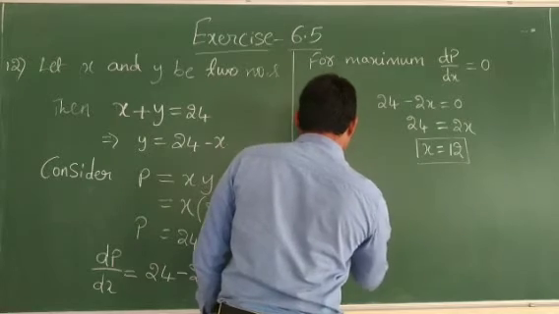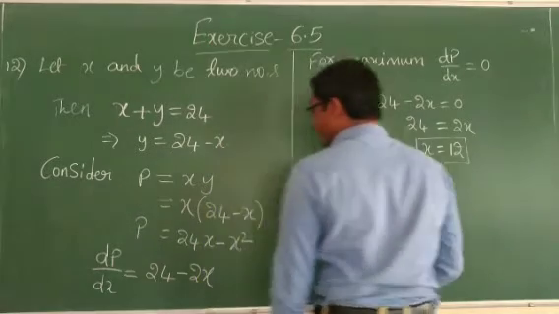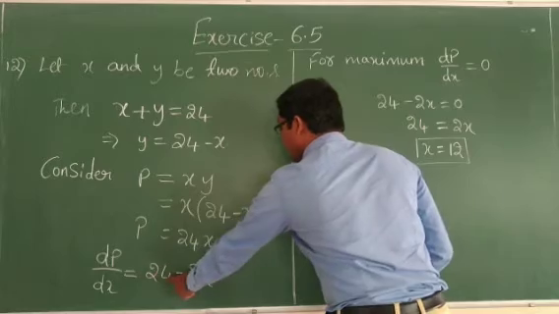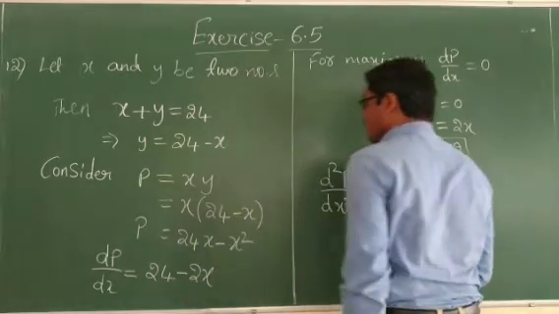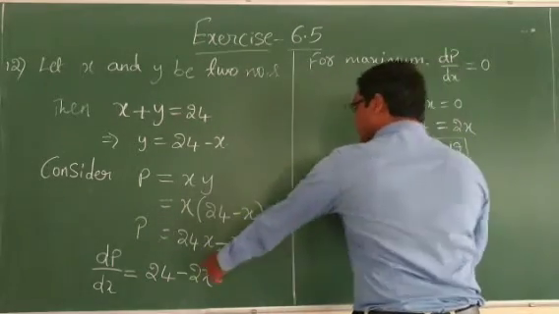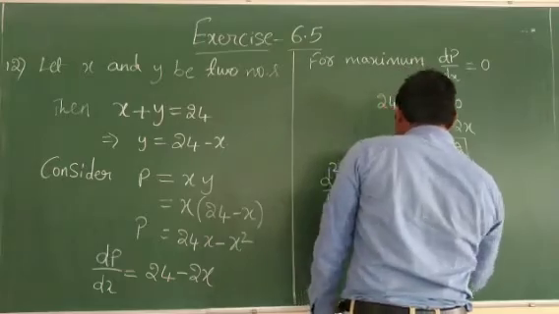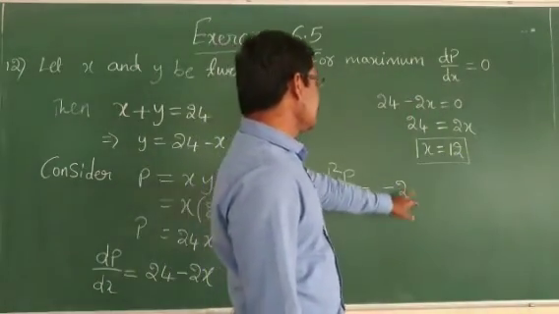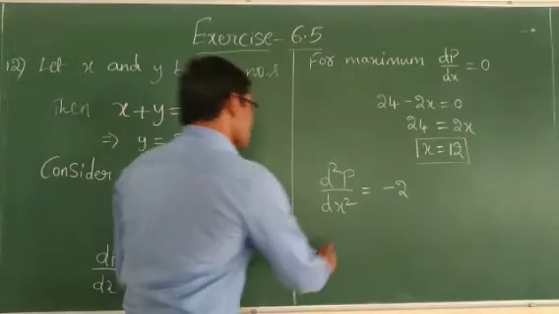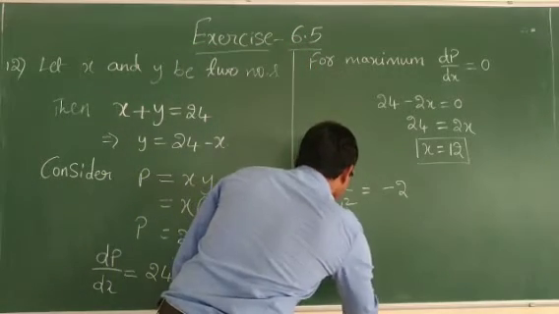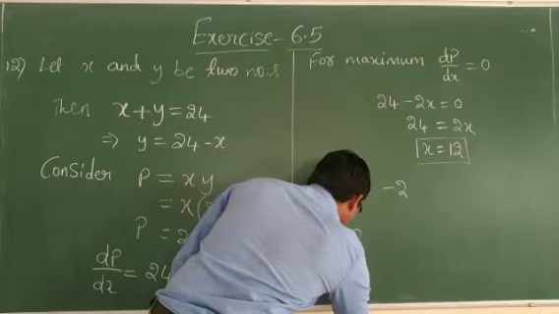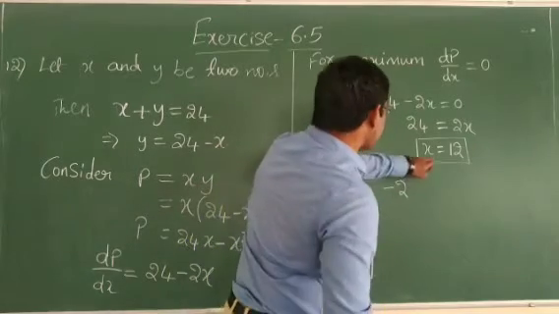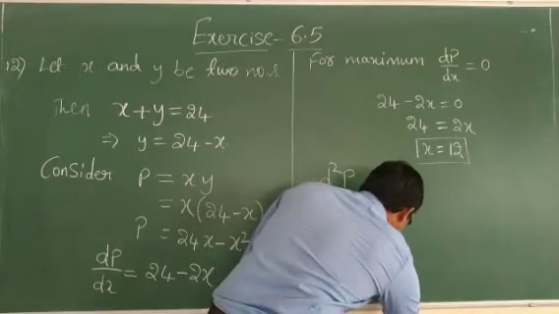the second derivative, which is equal to, take the second derivative of 24, that is 0, minus derivative of minus 2x is 2. So this is the second derivative, so we find the second derivative at this point, d square p by dx square at x equal to 12.